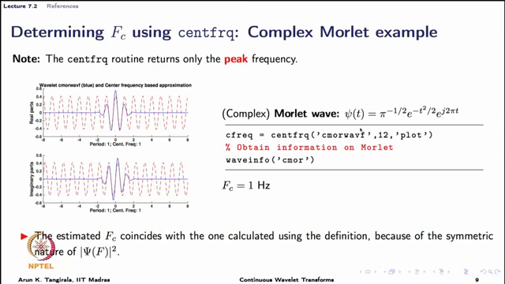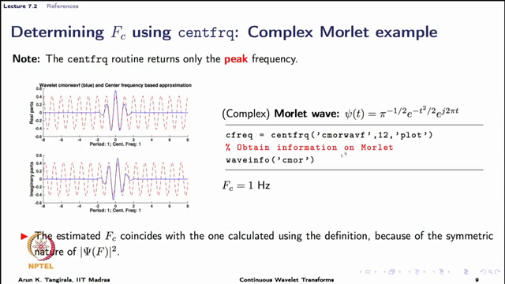So, in this case, when I use the routine, the default value that it uses for the complex Morlet wave is that Fc equals 1. Earlier we had worked out for Fc equals 6 by 2 pi, which is not exactly 1. Here the default value is 1 and the center frequency calculation comes out all right to be 1 hertz. So, the estimated center frequency coincides with the one calculated using the definition.